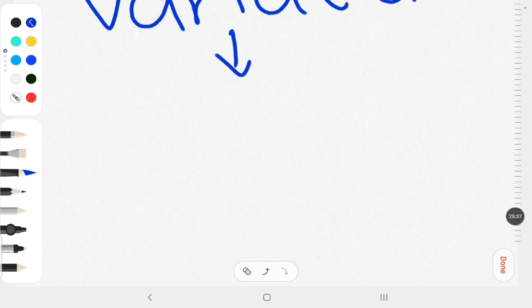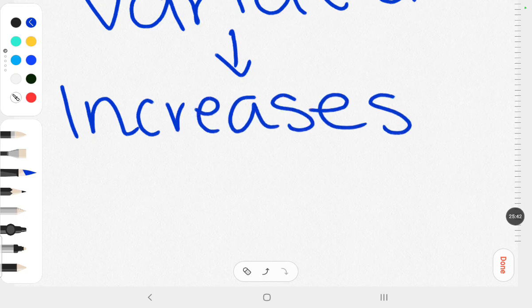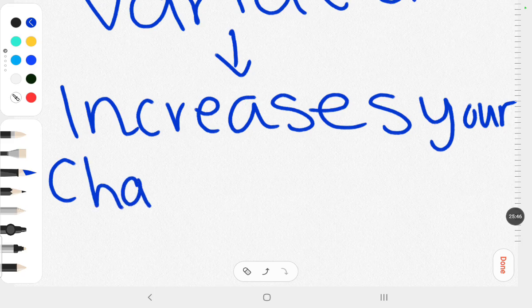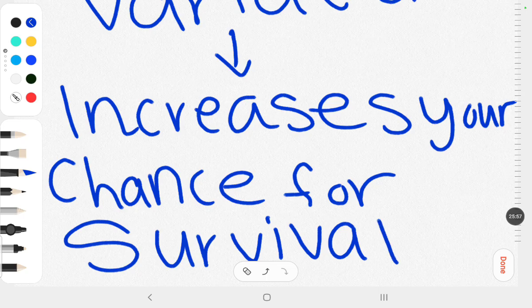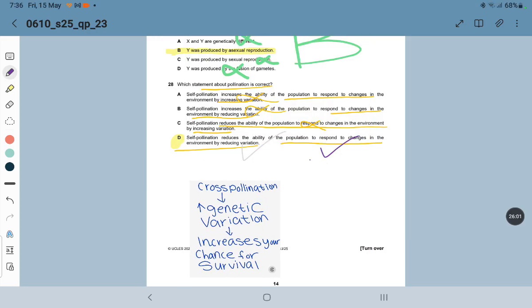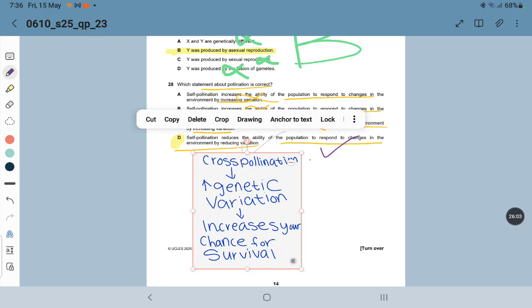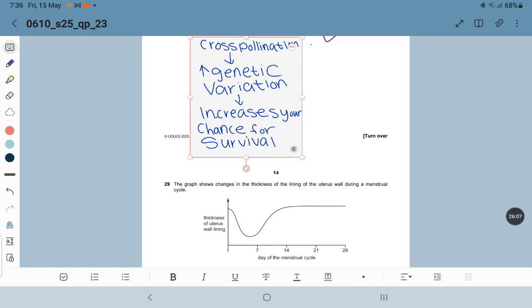And it increases your chance, as a plant, for survival. For what? For survival. I hope that it makes sense and it's clear.